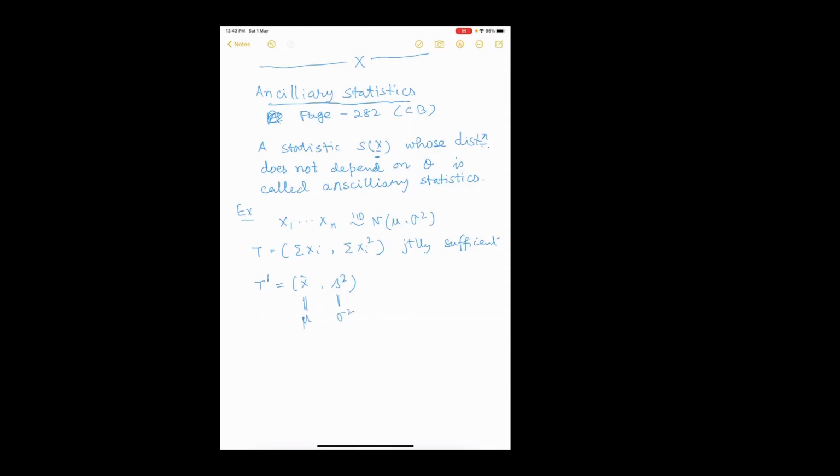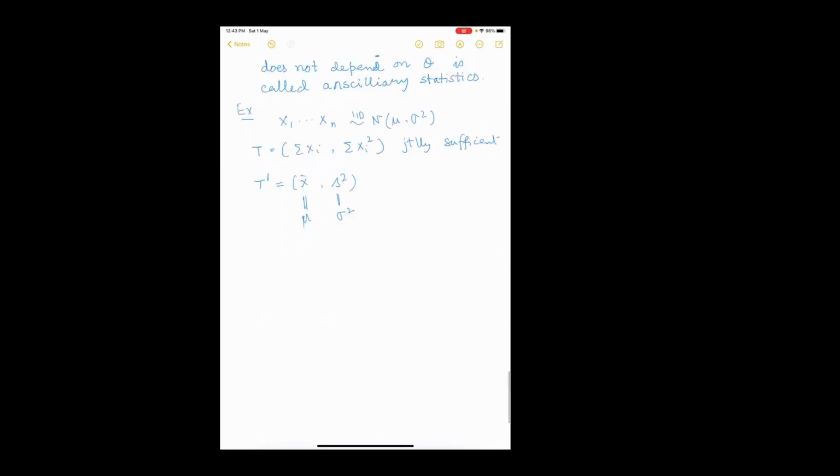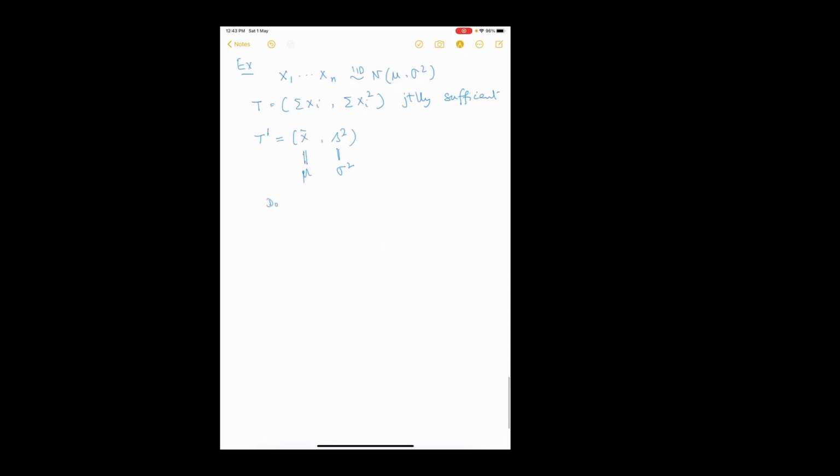Now my question is, does X bar contain any information about sigma square? Do you understand what I mean?